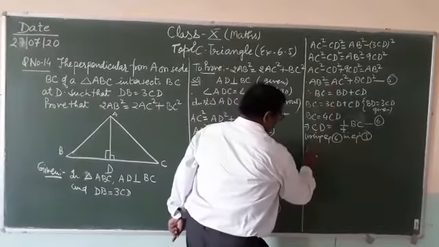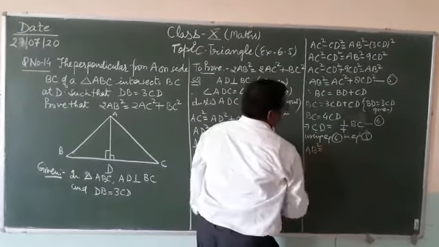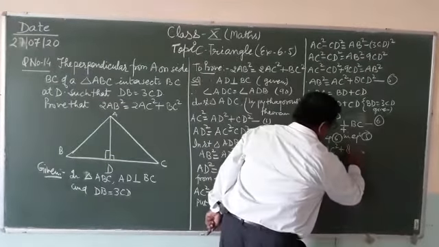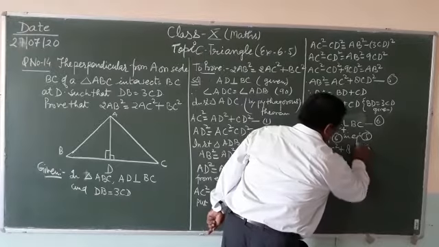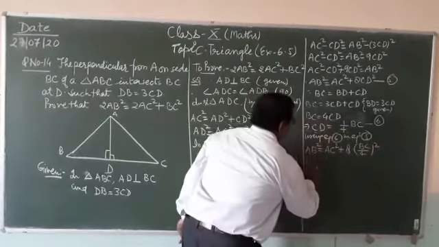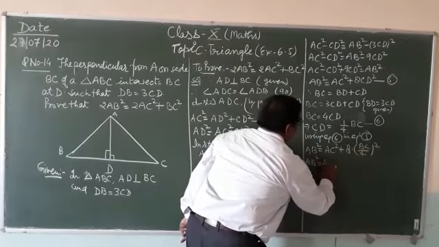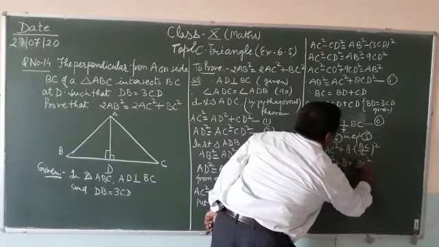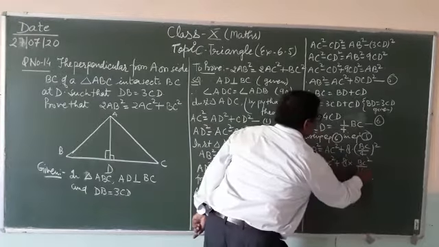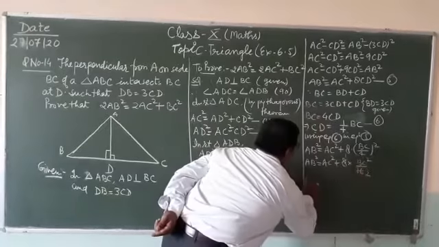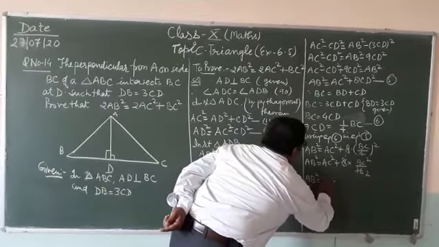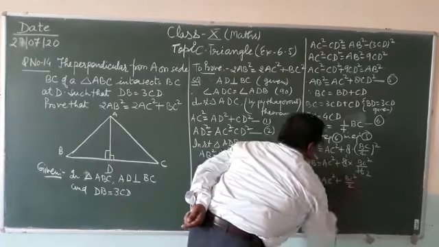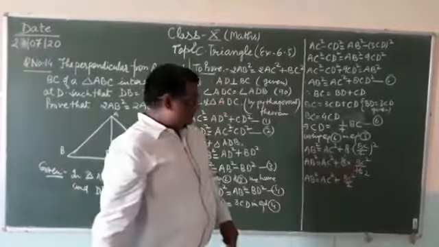Therefore AB square is equal to AC square plus 8 into BC upon 4, whole square. So AB square is equal to AC square plus 8 into BC square upon 16. Cutting, 8 ones are 8, 8 twos are 16. This is AB square is equal to AC square plus BC square upon 2. Now take the LCM.